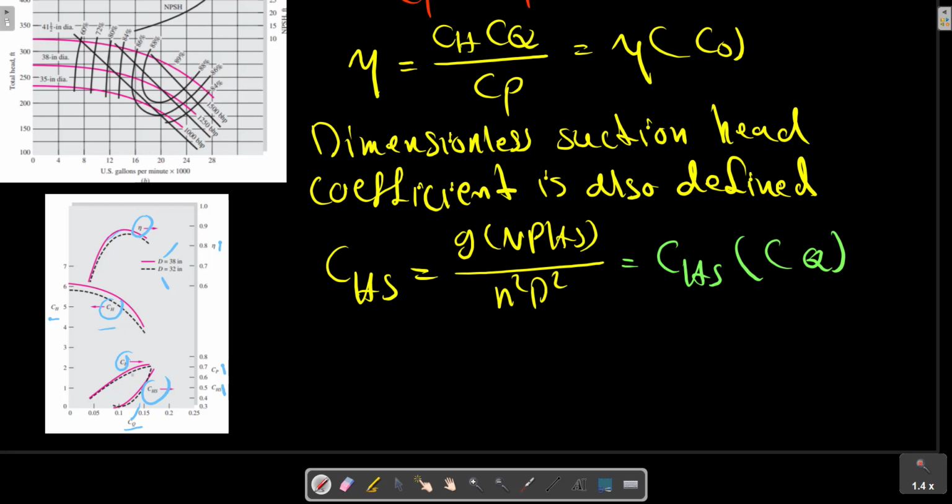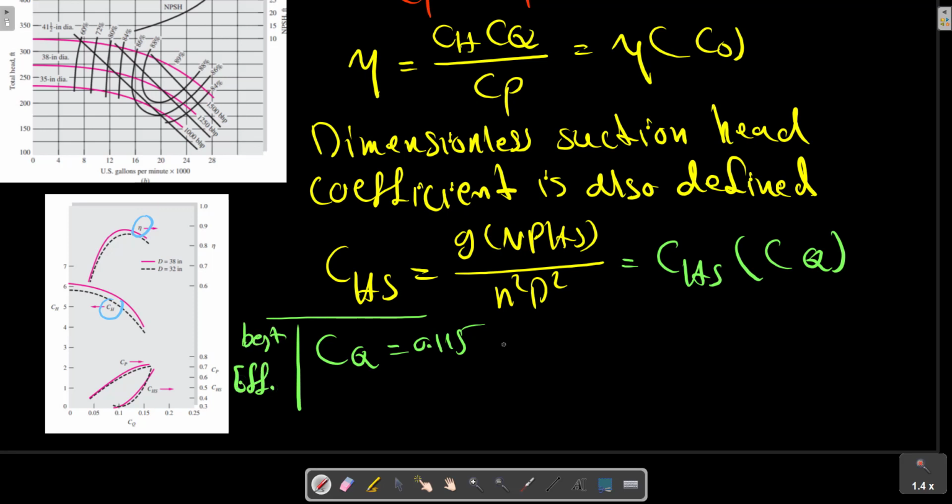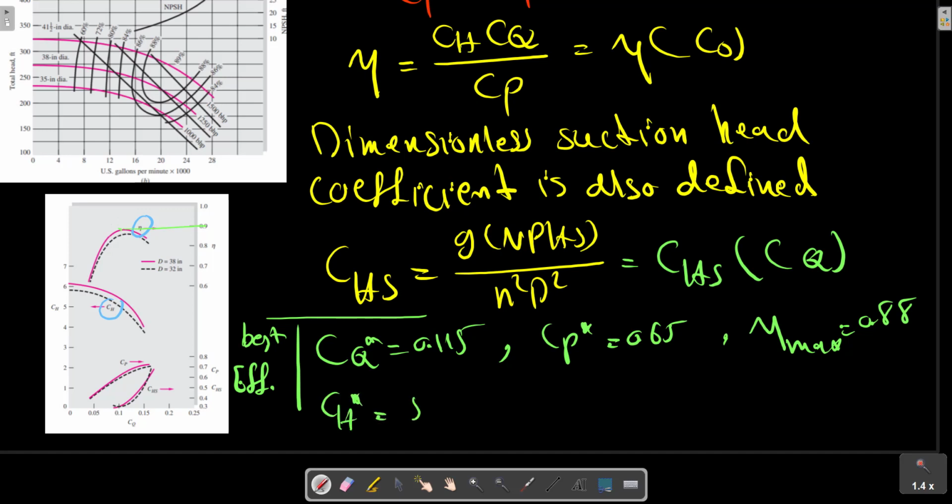For CQ we have the best performance, best efficiency, CP star, eta maximum, here for example CH star and CHS.